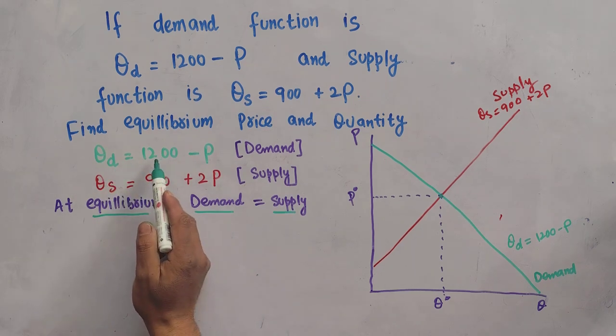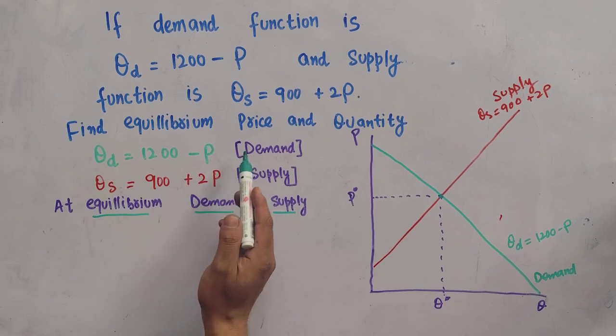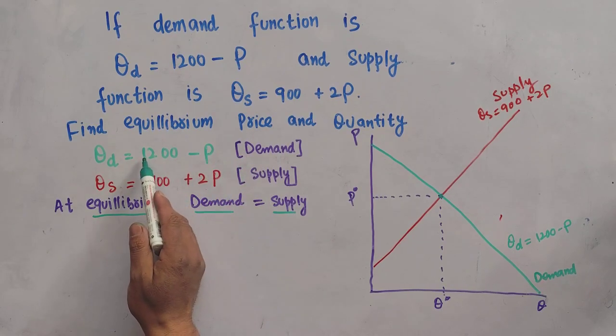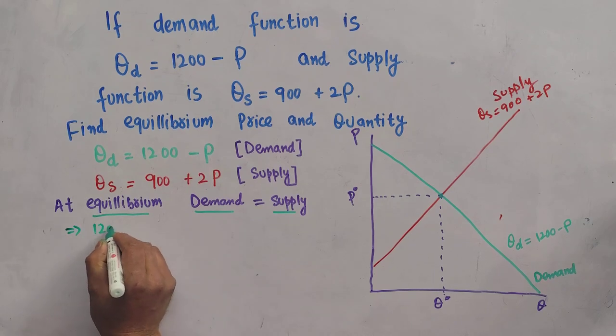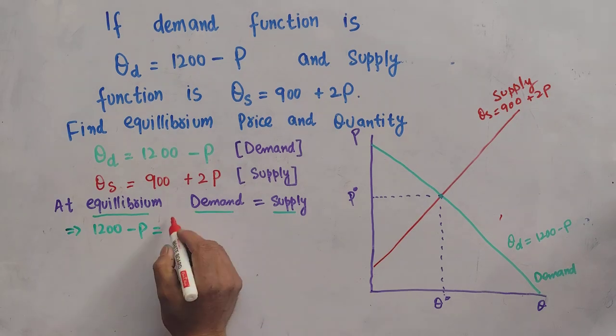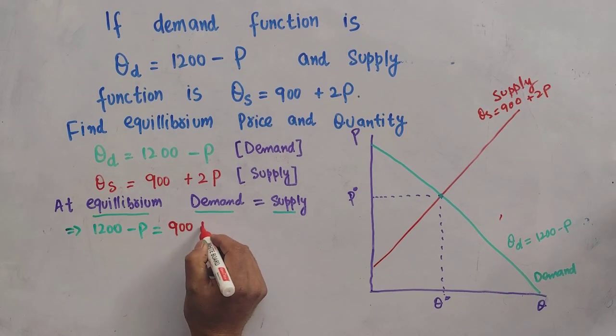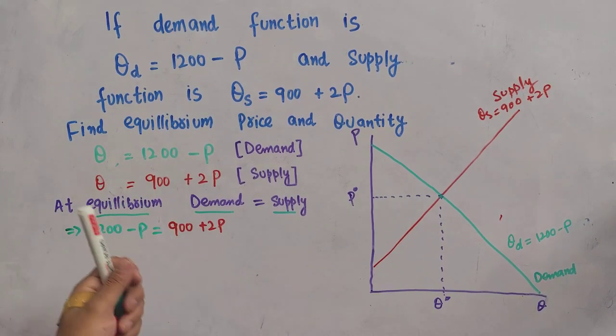Okay, so at equilibrium, demand should be equal to supply. So QD is equal to 1200 minus P and QS is equal to 900 plus 2P. So if demand is equal to supply, it implies 1200 minus P should be equal to 900 plus 2P, because in fact if I remove these subscripts, they are the same.